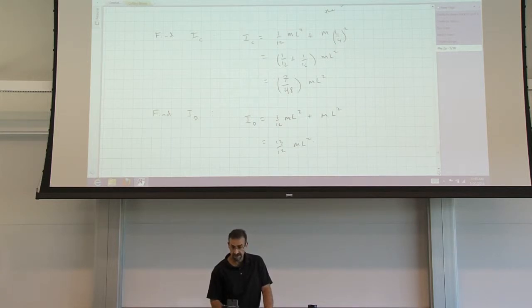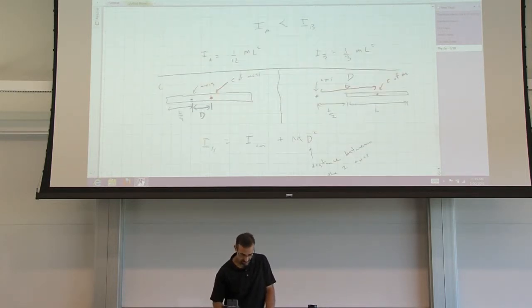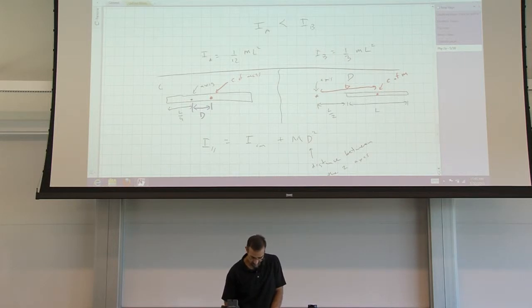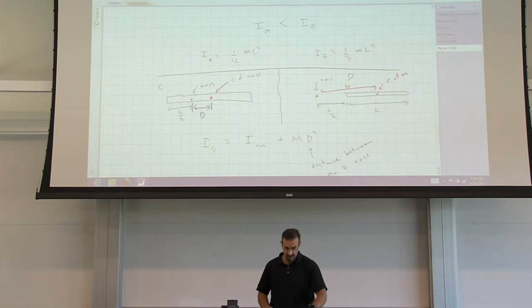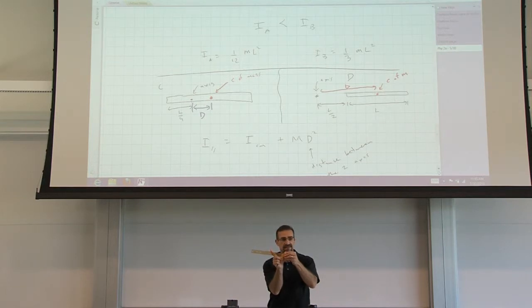Do they make sense here? One of these should be much smaller than the other one, right? C better be much smaller, because for case C, a lot of the mass of our stick is in close to the axis of rotation. If it's rotating here, a lot of the mass is very close, not contributing very much to the rotational inertia.